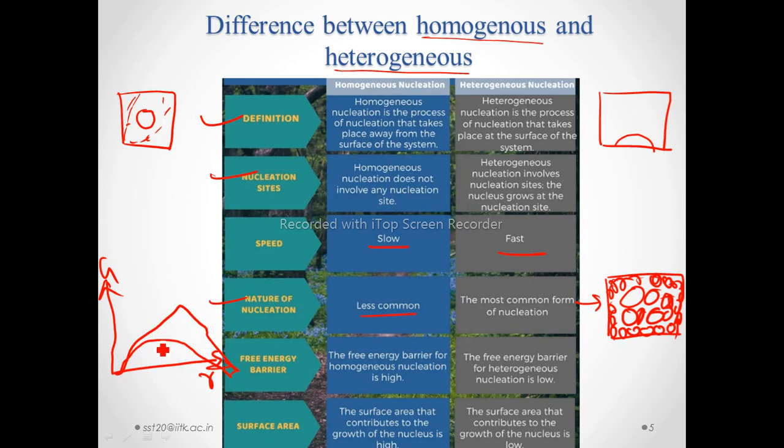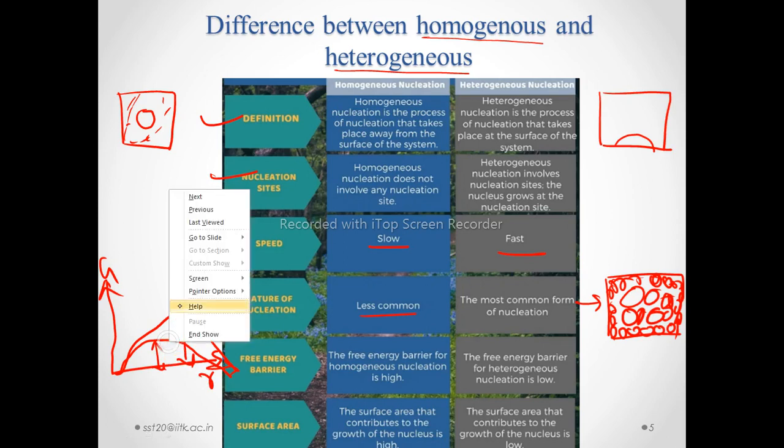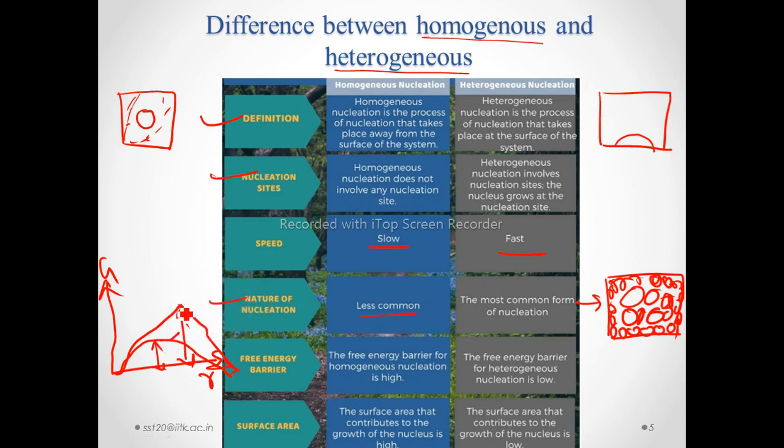This is for heterogeneous nucleation, and this is for homogeneous nucleation. The free energy barrier for heterogeneous nucleation is very small, whereas for homogeneous nucleation it is too large. Why there is such a difference in free energy, I will explain with the help of equations in upcoming videos.